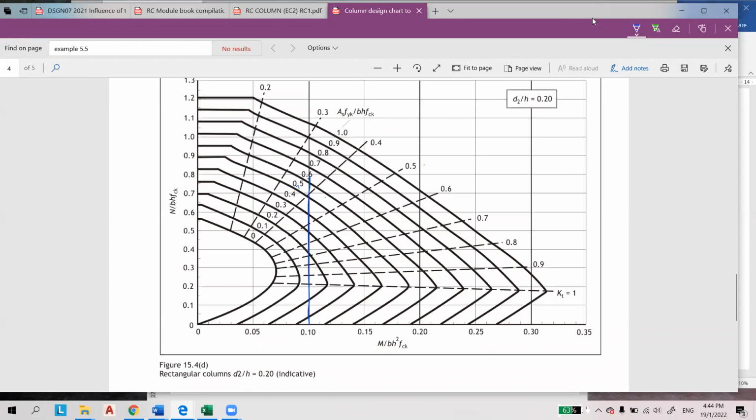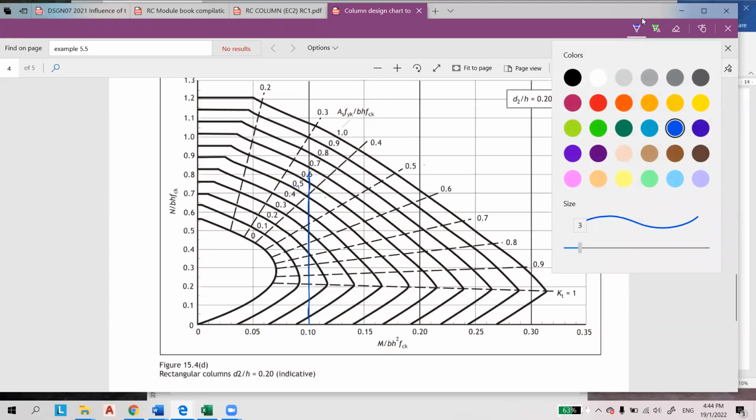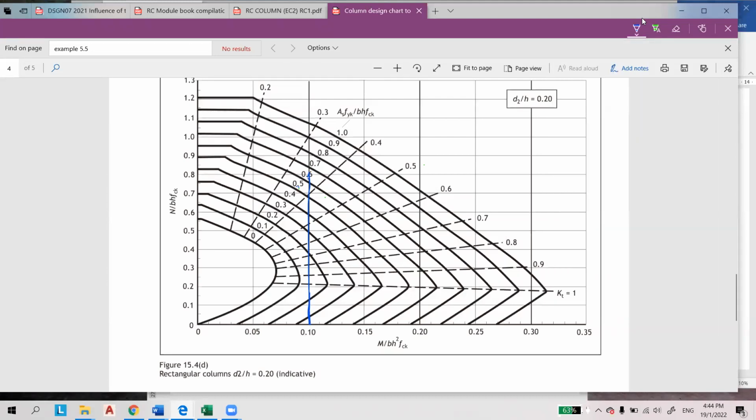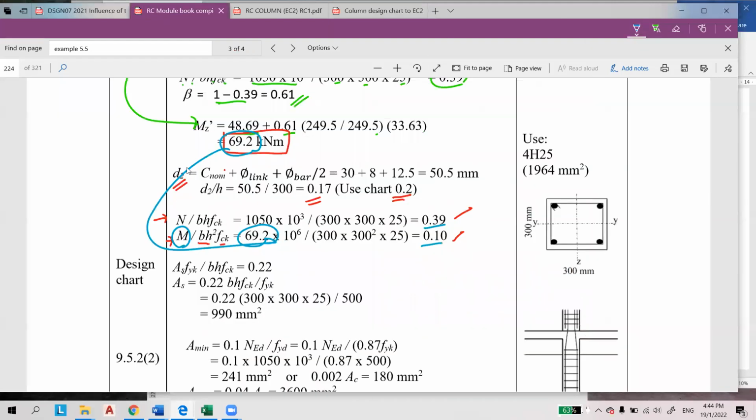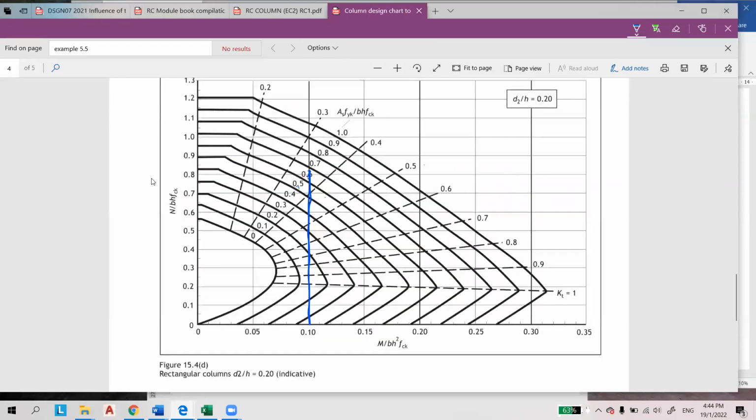This one, 0.1. And the other value is 0.39. 0.39 is about here, between 0.35 and 0.4.